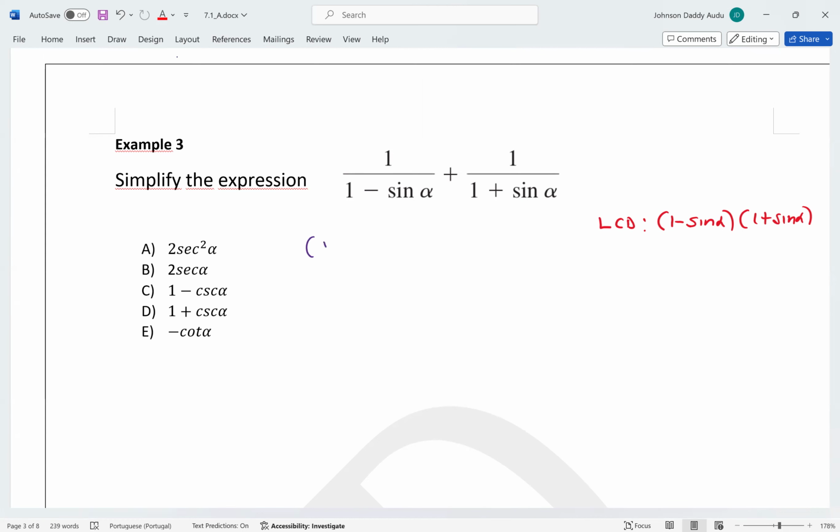So here we just need to multiply this by 1 plus sine alpha over 1 plus sine alpha, which is 1. And this side we can multiply by 1 minus sine alpha over 1 minus sine alpha.